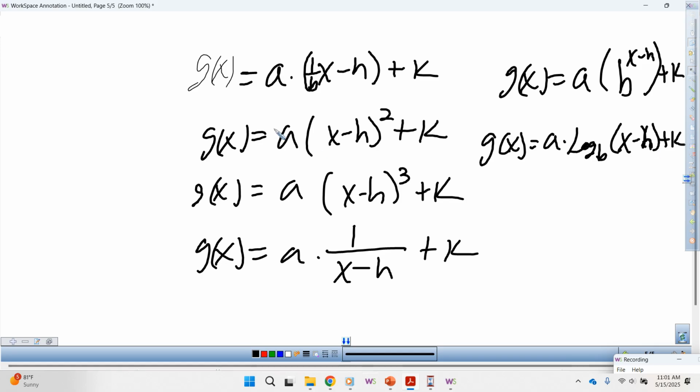But if you notice, all of them have the a, a multiplier that, if you multiply times the whole number, it stretches. Fraction, it does what? It compresses, yes? Same thing with b's. All those b's, I can write the b's in here as well.